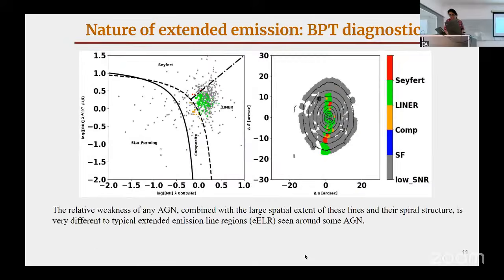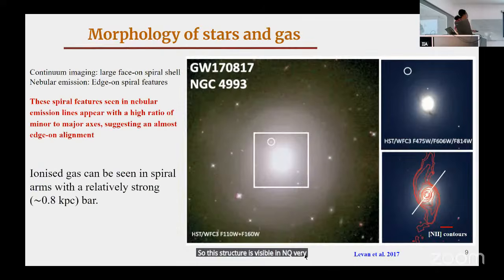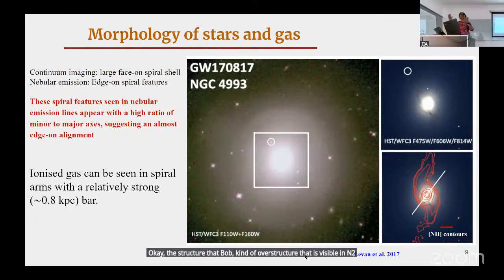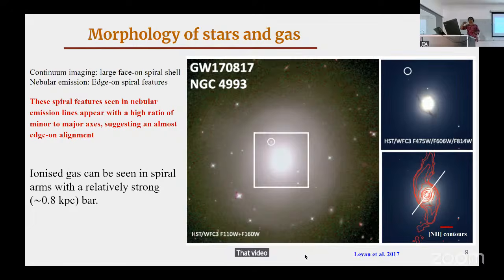So this structure is visible in N2 very nicely. The oval, bar-like structure is visible in N2 very nicely. But in H alpha, it is there, but not at the very center. It is at the edges. When you look at H alpha, it is coming at the ends of that region, not throughout the entire region.